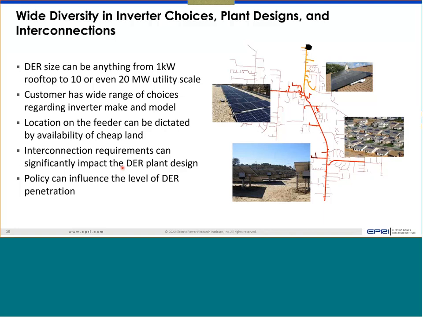In a lot of cases, interconnection requirements vary widely from one utility to another, one location to another. And of course, policy decisions can accelerate or decelerate the penetration. Right now the trend is to accelerate it, so whether you're ready or not, you may see a lot of applications and requests.